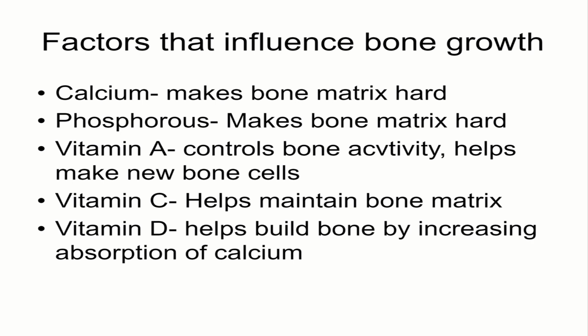In fact, vitamin C is really important for making sure that the bone matrix can support all the different functions it needs to. And then vitamin D helps build bone because it allows our body to absorb calcium. Vitamin D is something we make in the skin, and its importance is around making sure that we can absorb calcium. And that is going to round out our lecture about growth and fractures.